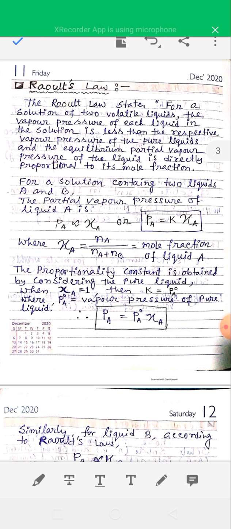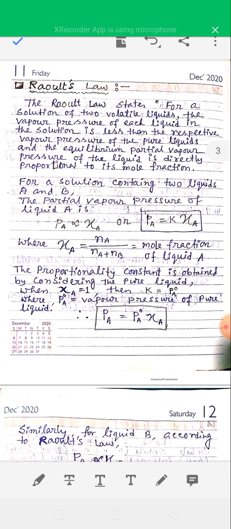After some time you will see that in the space just above this solution, the vapor of both components A and B will be present. And you can calculate the vapor pressure of liquid A and liquid B by using Raoult's law.